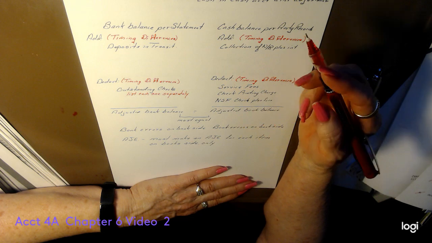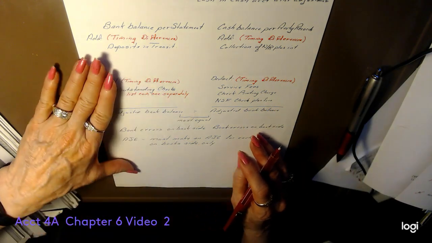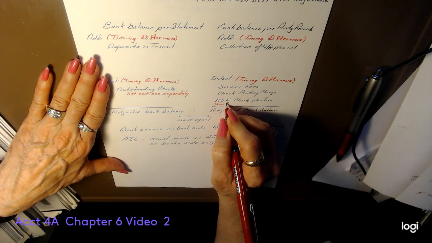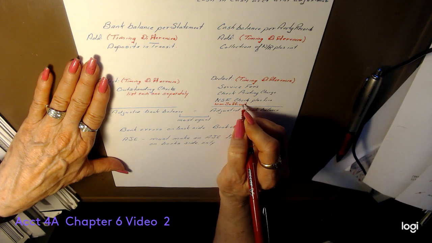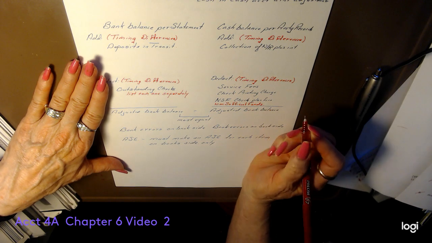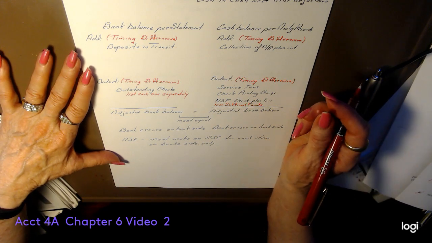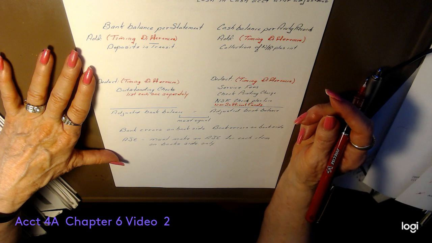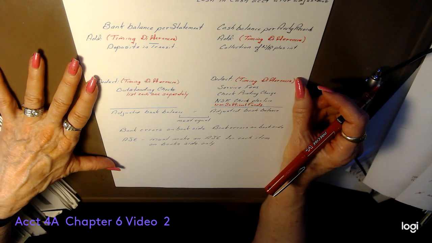The last is what they call an NSF check plus fees. NSF stands for non-sufficient funds. So somebody gives you a check for $100. You take it to the bank. You deposit it in your checking account, thinking all is well. The bank goes to the other bank to try to collect that $100.